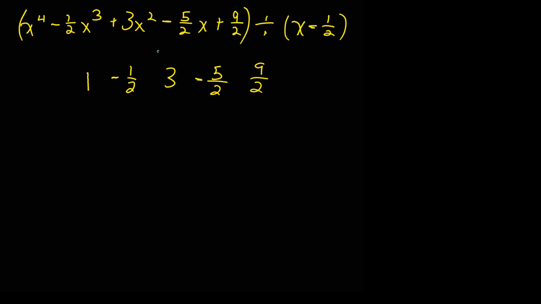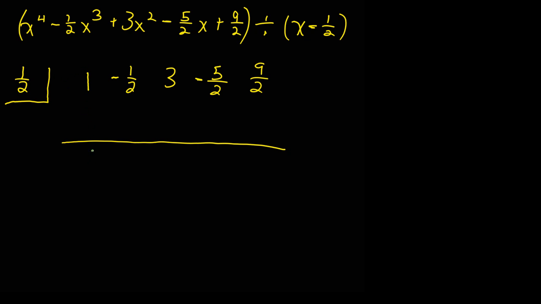So I have no hidden terms in my powers there, right? Each coefficient takes care of every possible power of x for a degree 4 polynomial. Then in my k term, remember our signs here, is a positive 1/2. And so I now have this in a form that I can do my synthetic division with.